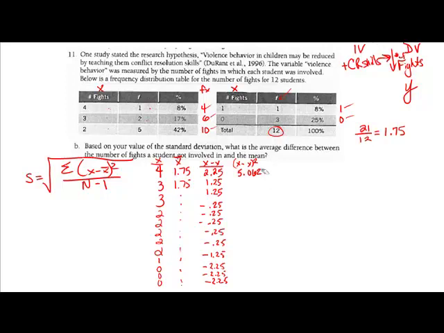So now we're at the point where we're going to introduce rounding error, but I don't care because we need to get these done. Alright, 1.25 squared is 1.5625. I'll leave it at that. 0.25 squared is 0.06.